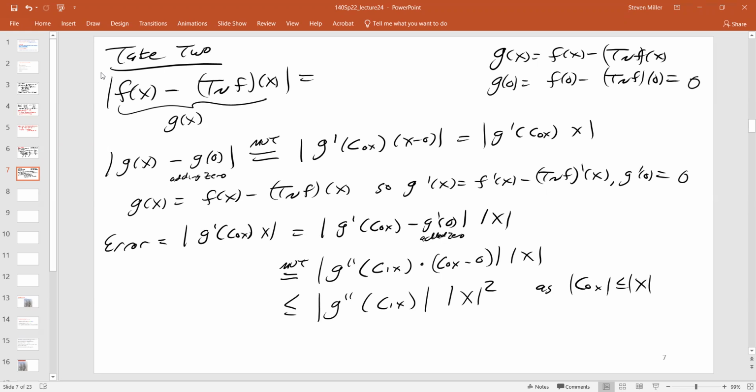Right? Because we move somewhere between 0 and x. Well, what do you think g double prime of 0 is? We just added 0. Right? We can just keep adding 0.